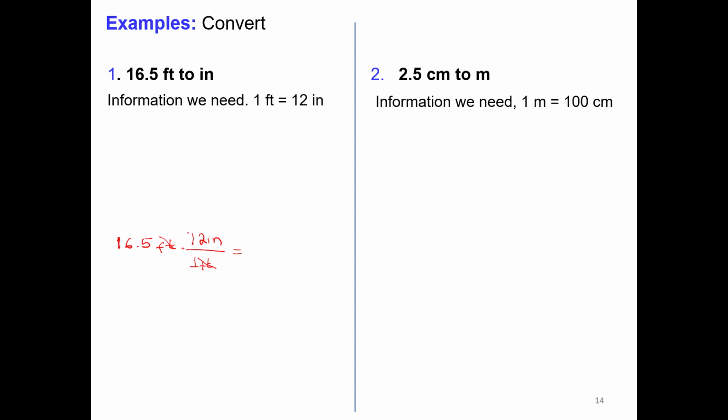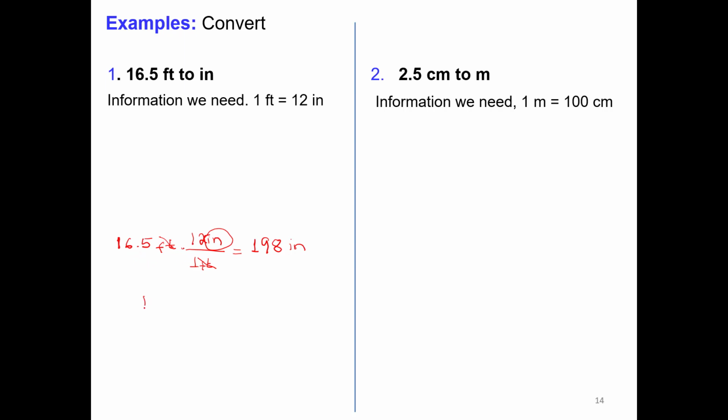We multiply numerator times numerator. 16.5 times 12 will be 198, and inches, as this is the unit we want, since the feet cancel out. In the denominator we can think we had 1 times 1 is 1.